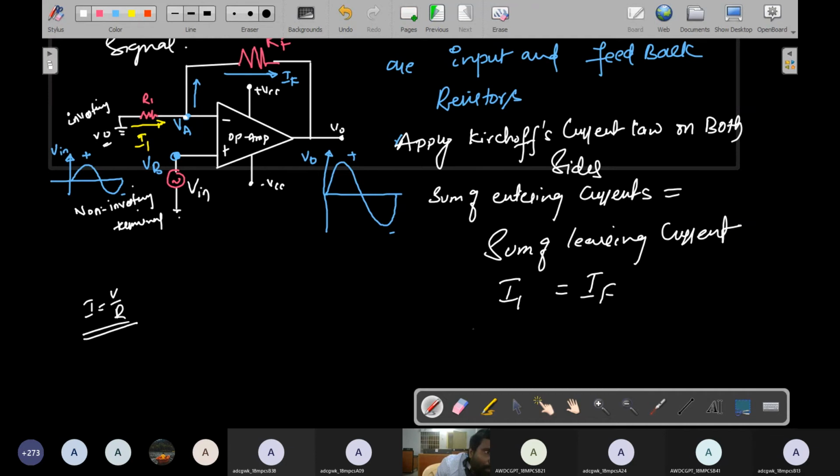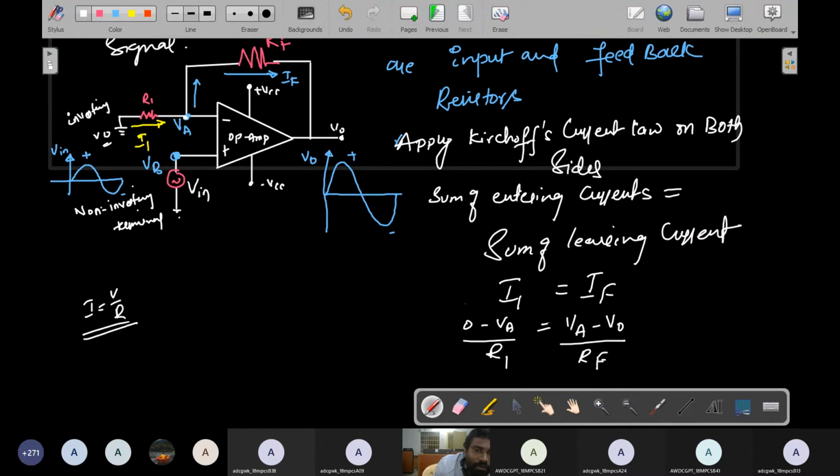So 0 minus VA divided by resistor R1 is equal to the current. Now the current direction is moving in this direction, so VA minus V0 divided by RF. Is this clearly understood?